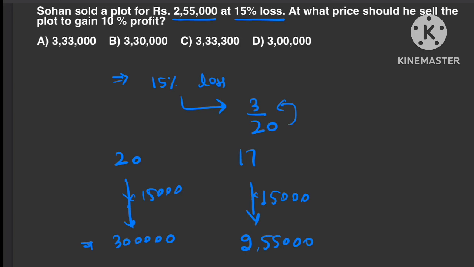So gain 10% profit, your answer will be 3 lakh plus 30,000. If we add it, we will get 3 lakh 30,000. So option number B will be your answer.